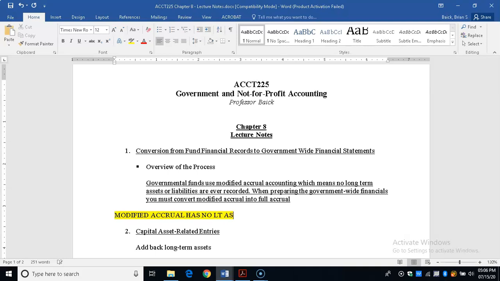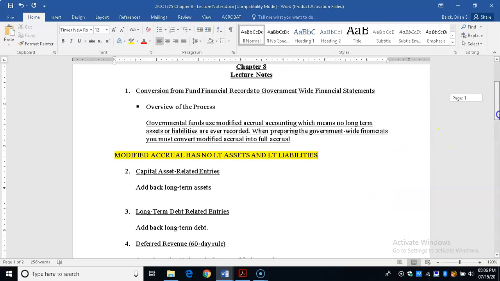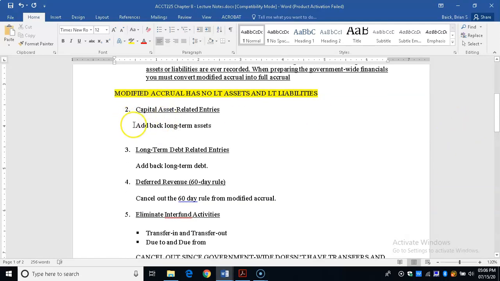So it has no long-term assets, and it has no long-term liabilities. So that's not good, because if we want to convert from modified accrual to full accrual, we have to look at this step here, number 2 in the notes. We have to add back all of your long-term assets, add back all of your long-term debt.